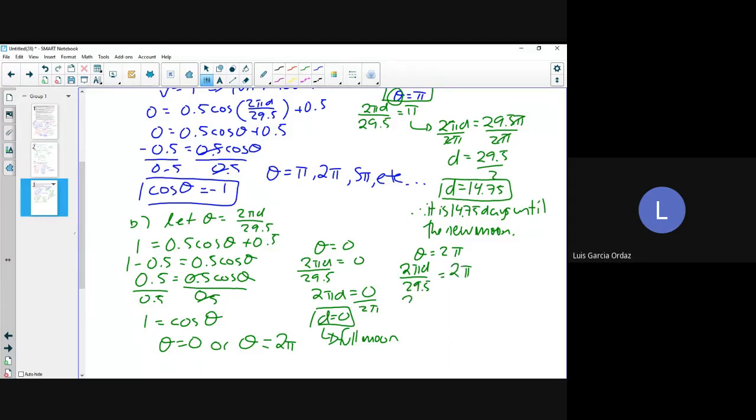We're going to cross multiply, divide both sides by 2 pi, and we get d is equal to 29.5. So every 29.5 days, there's going to be a full moon.